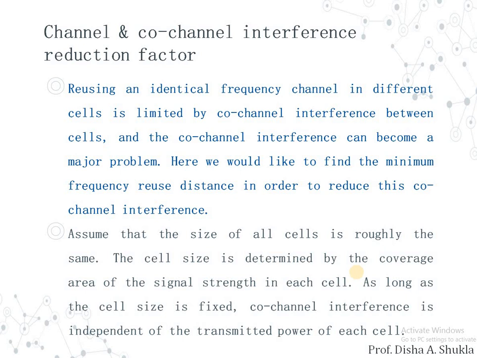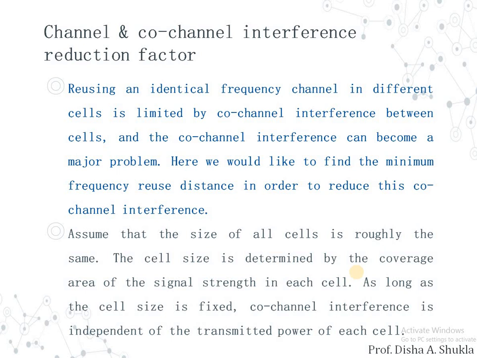So here we will be calculating the minimum frequency reuse distance, that is at what minimum distance should we assign a particular cell the similar frequency so that the co-channel interference can be reduced. Now we will be assuming that the size of all the cells is roughly the same.